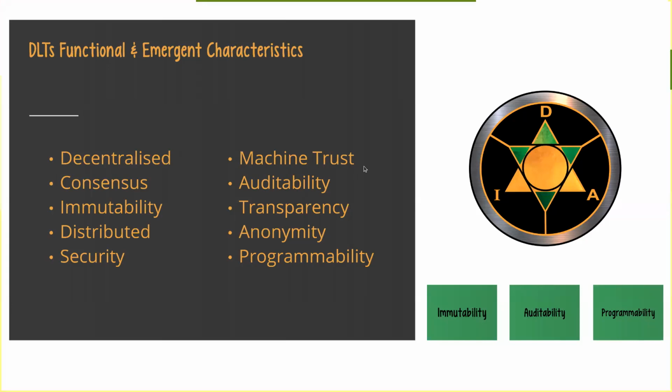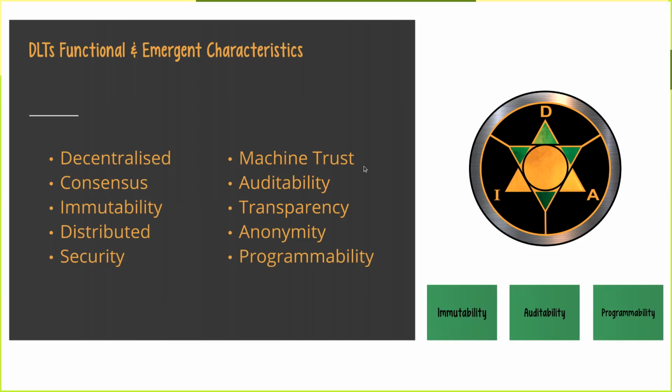By emergent, it's what we get once we have those functionalities set up. For functional characteristics, we have decentralization, consensus base, immutability, distribution, and then security. I think these terms on their own are self-explanatory.